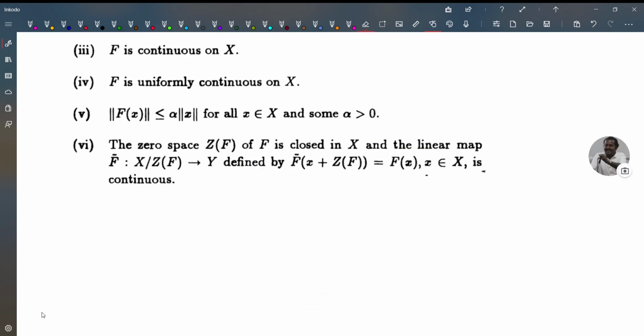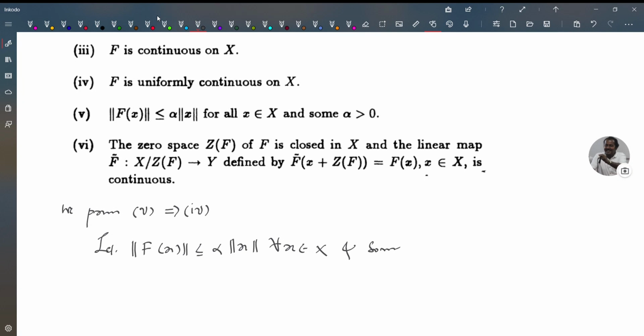Now we prove 5 implies 4. So let norm f(x) be less than or equal to alpha times norm x for all x in X and some alpha greater than 0.